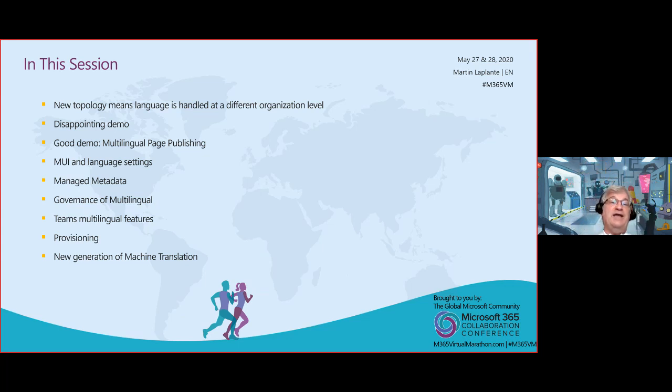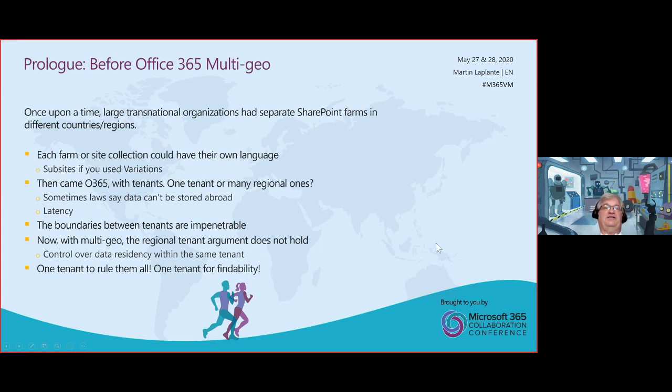Then I'm going to give a good demo, and the good demo is going to be a long demo of the multilingual page publishing feature, the new feature. I'll talk about some of the other multilingual features in SharePoint, the MUI, managed metadata. I'll talk about what that means in terms of governance. I'll talk about some of the Teams multilingual features. And then if there's time, I'll talk about the new generation of machine translation products that Microsoft has brought out. So a lot of stuff.